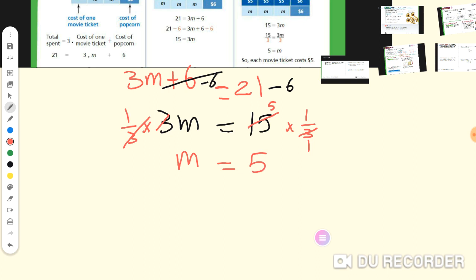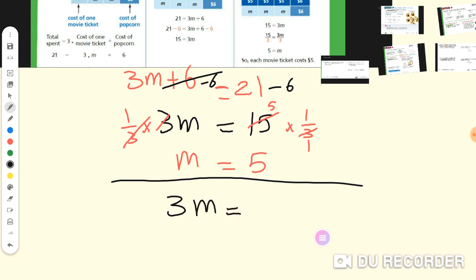I can say it as multiplied by the multiplicative inverse, or I can say it another way: 3M equals 15, so instead of multiplying by 1 over 3, divide by 3.